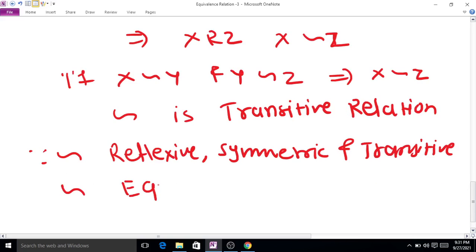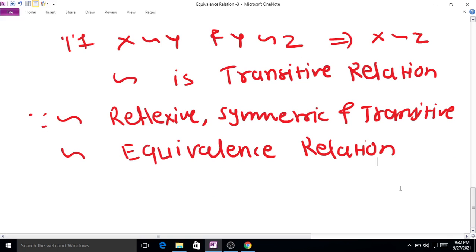Now we want to determine the distinct equivalence classes. First, we start from 0.